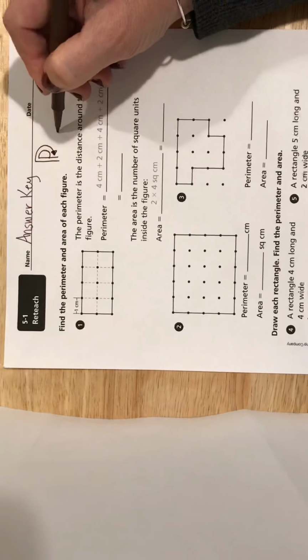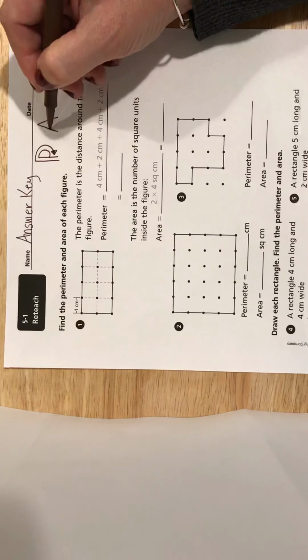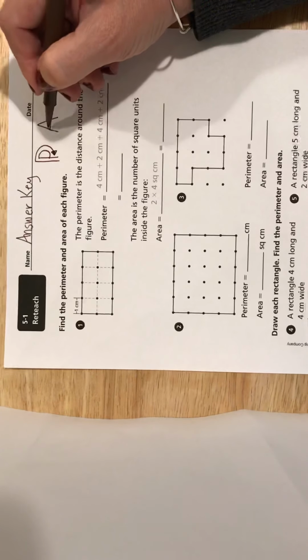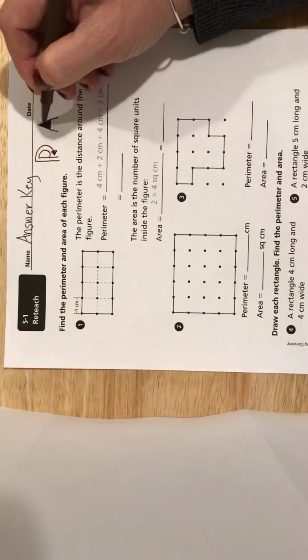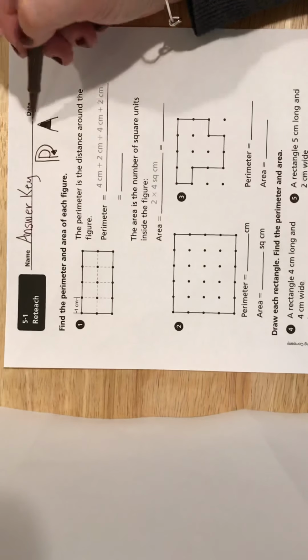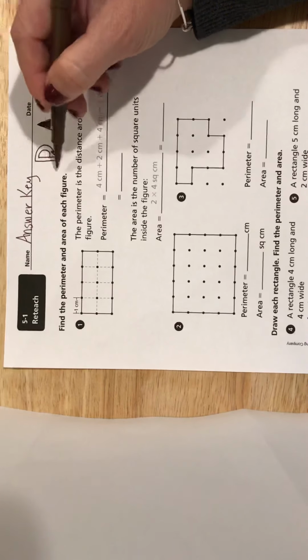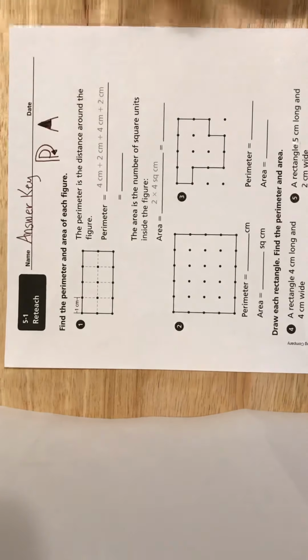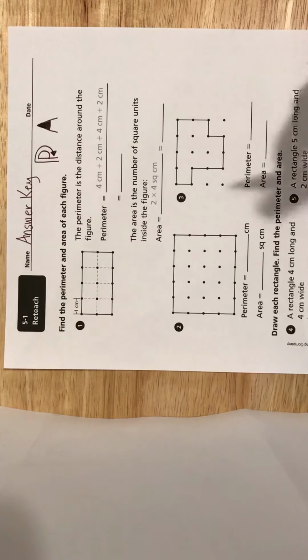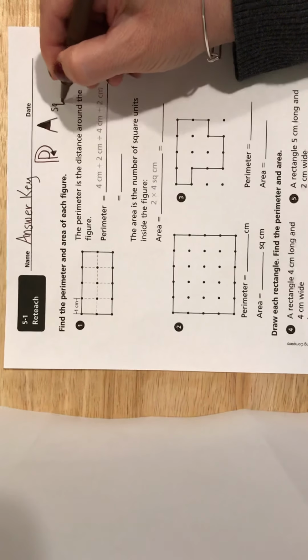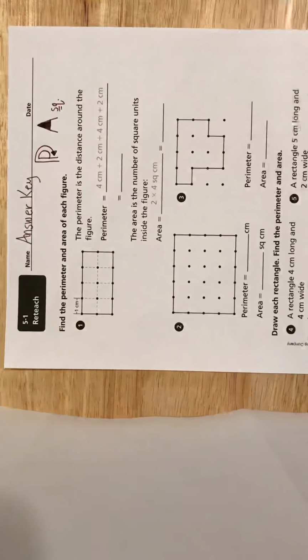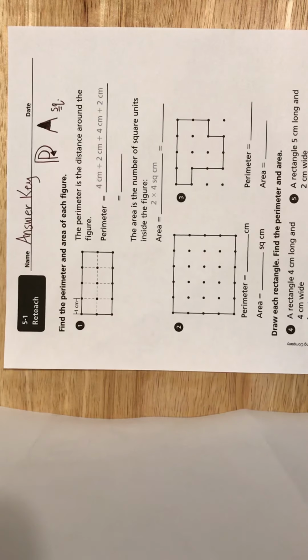And when we do area, we're talking about the inside space that that object takes up. And remember, whenever we talk about area, we talk about counting squares. So your label must always have squares.